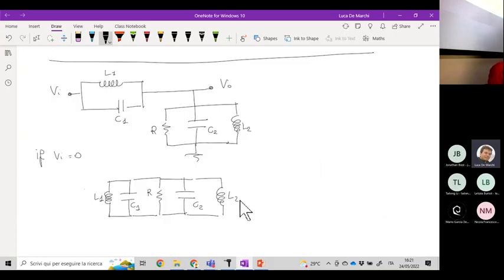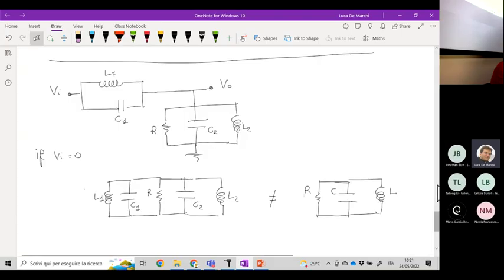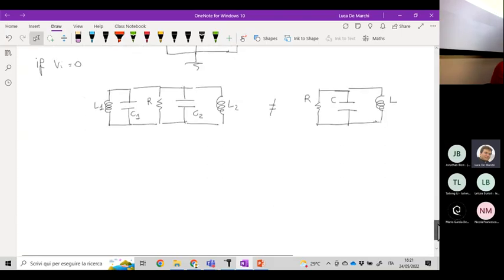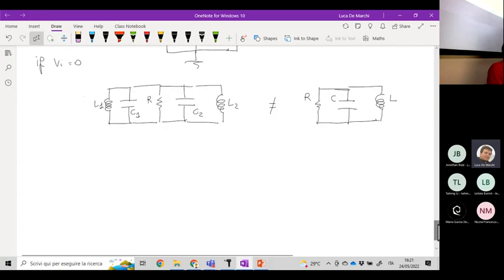So this circuit is somehow different from the RLC resonator, and the circuit on the left may have different poles with respect to the circuit on the right.